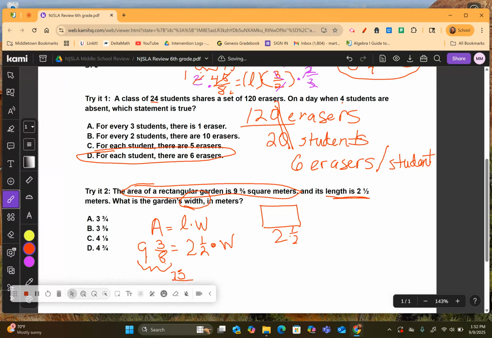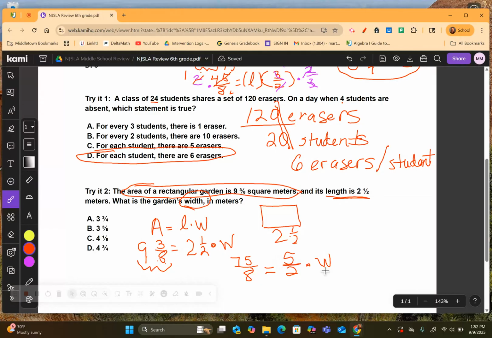That's going to be 75 over 8. Our denominators are always the same. 2 1/2: 2 times 2 is 4, plus 1 is 5. And that's going to be 5 over 2 times W.